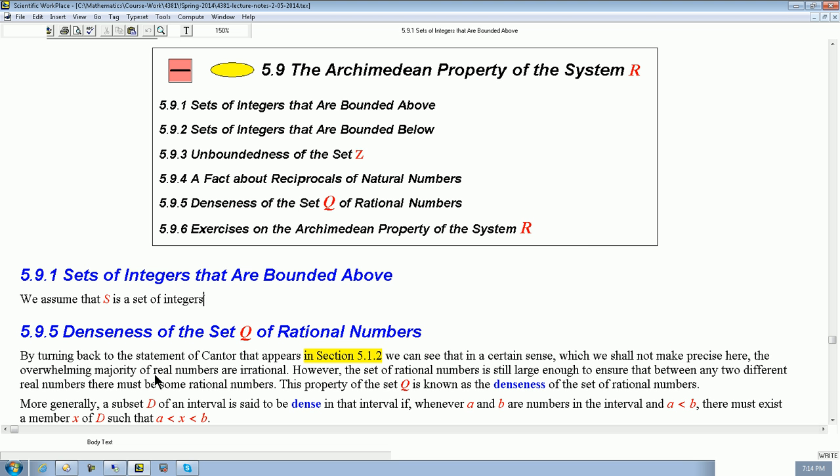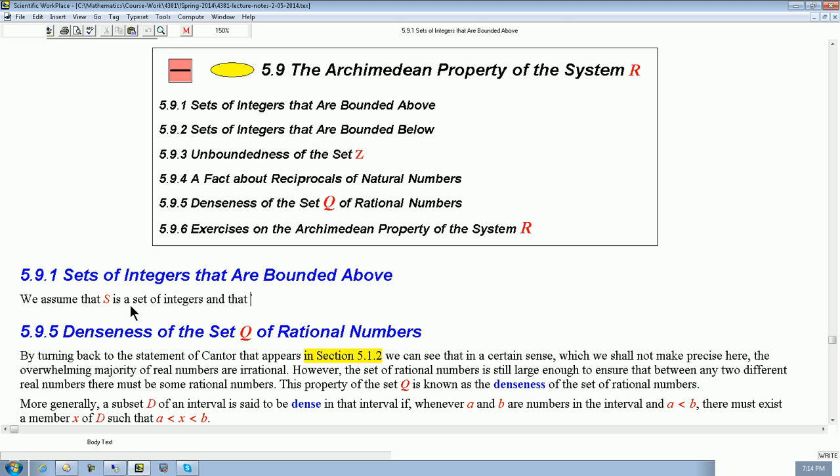I didn't say the set of integers. If I say the set of integers, I might as well use a Z, because that would be the set of all integers. When I say S is a set of integers, I mean S is any set whose members have to be integers, okay?